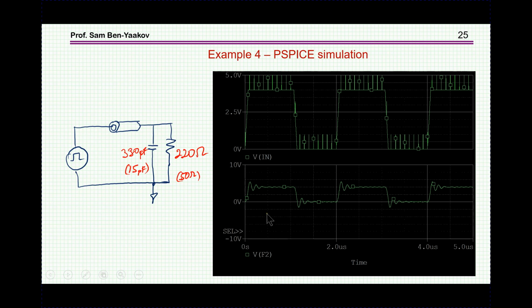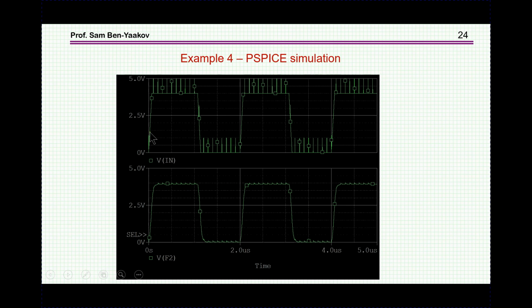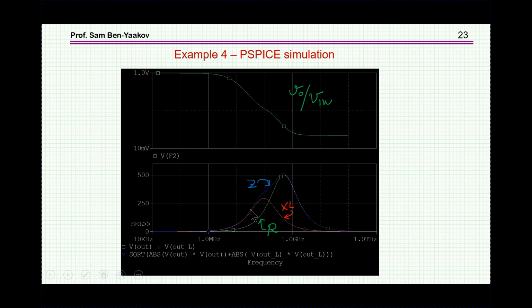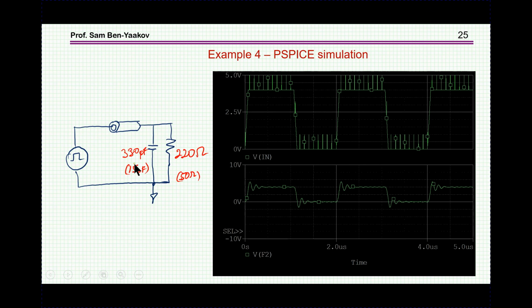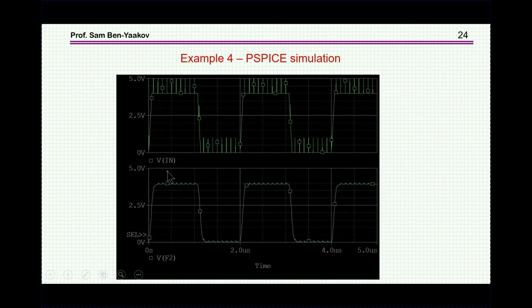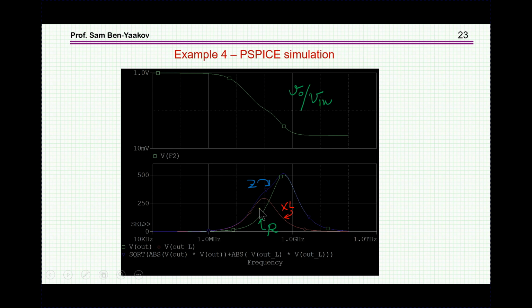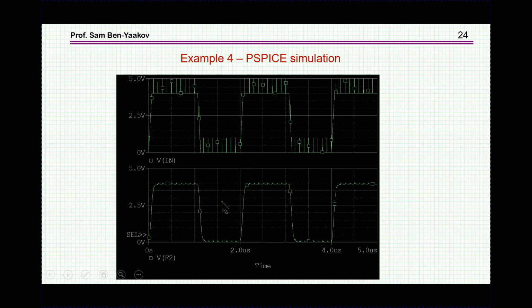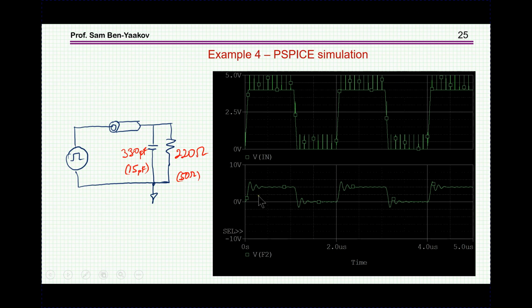What I got here now is some overshoots and oscillations, because now the inductive part here is reacting with this capacitor and generating an oscillation at a frequency which is in this region, and therefore the attenuation is not that good, and we see here this overshoot and this undershoot.